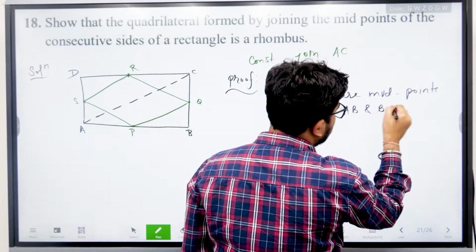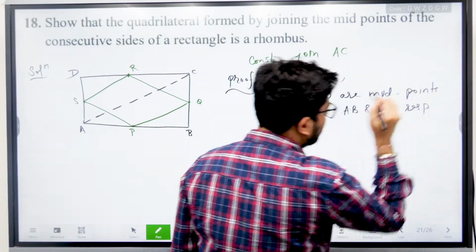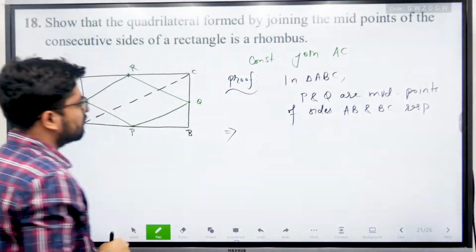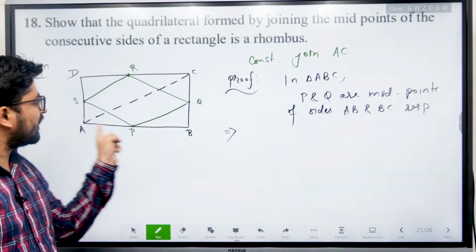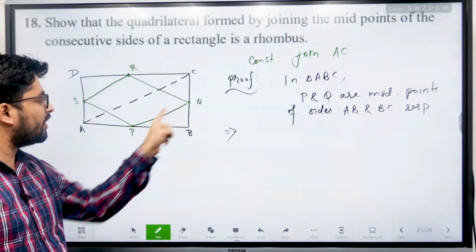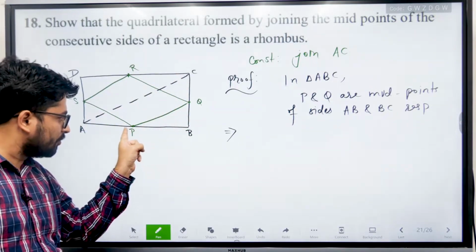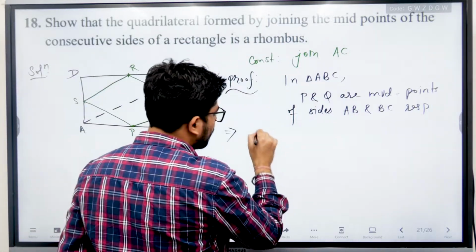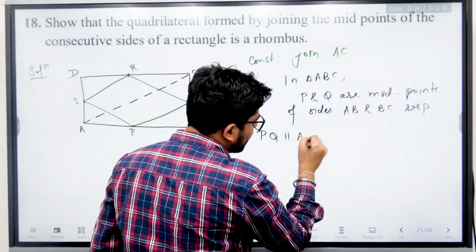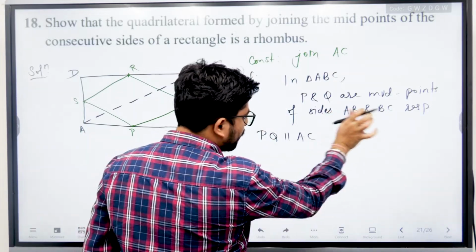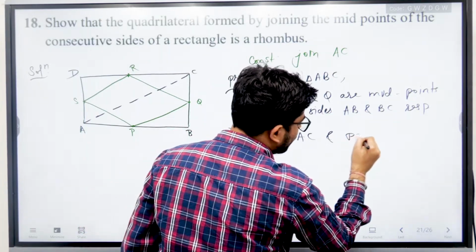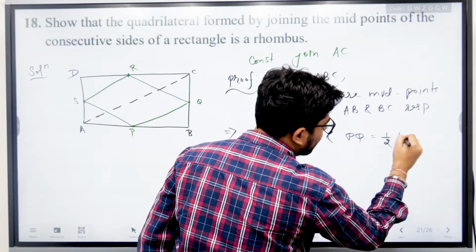So according to the midpoint theorem, PQ is parallel to AC and PQ is half of AC.